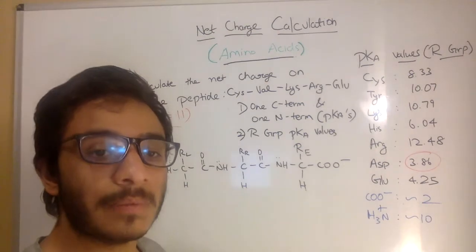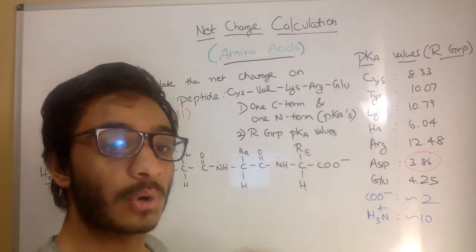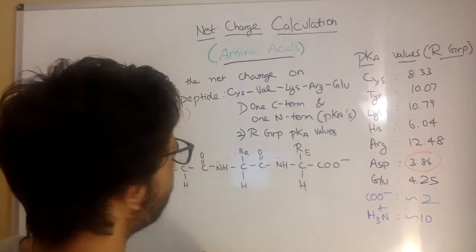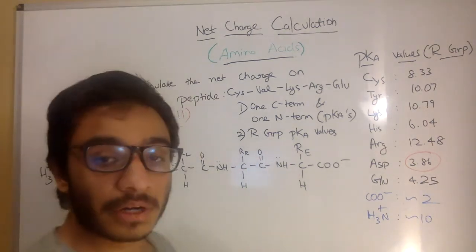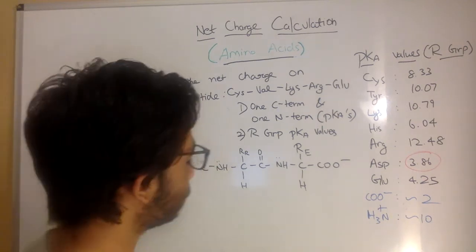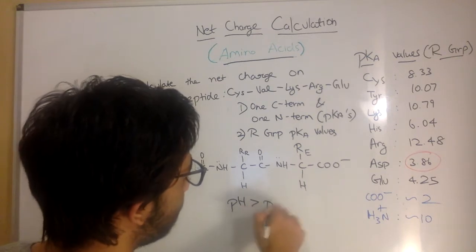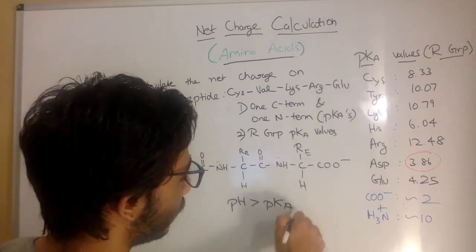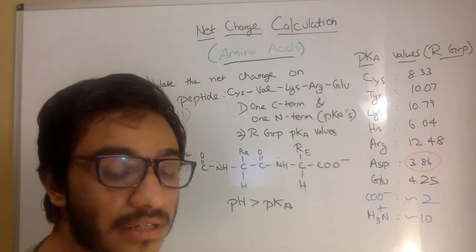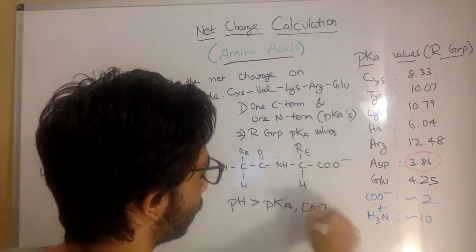We know that both will be in what form? In deprotonated form, right? Why? Because according to the Henderson-Hasselbalch equation, as I showed you in the last video, if pH is greater than pKa, the group will exist in the deprotonated form, right?